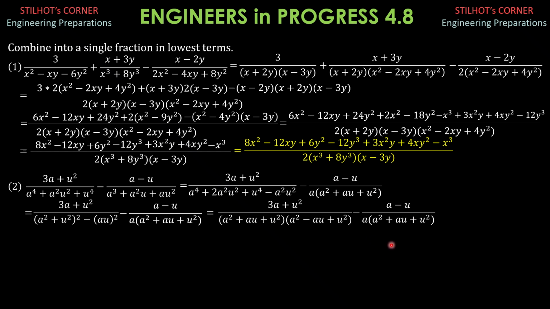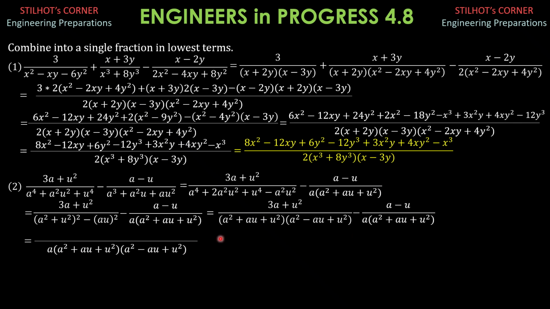Then we can now see the LCD. It is a times a squared plus au plus u squared and a squared minus au plus u squared. So let's put the LCD first: a quantity a squared plus au plus u squared, then a squared minus au plus u squared.